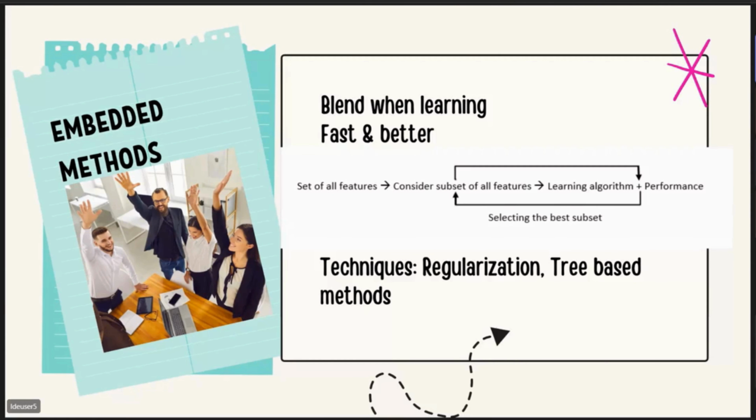Okay, so embedded method is a combination of a little bit of filter and a little bit of wrapper. Okay, so best of both worlds அப்படின்ற மாதிரி. So it is a method of blending feature selection with learning, and it is also fast as well as better, right? But still not as fast as filter methods and not as slow as wrapper method, somewhere in between.